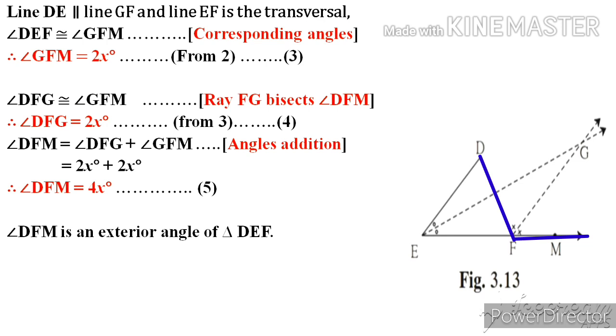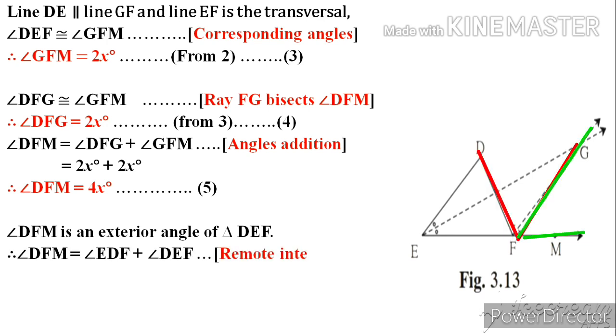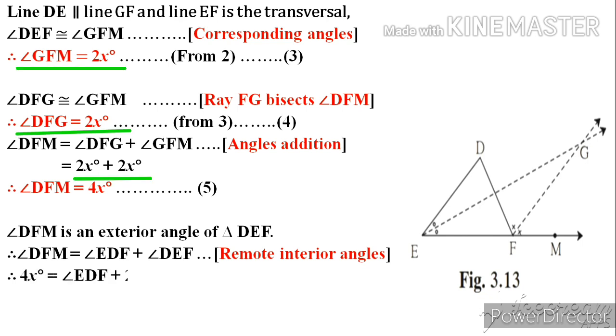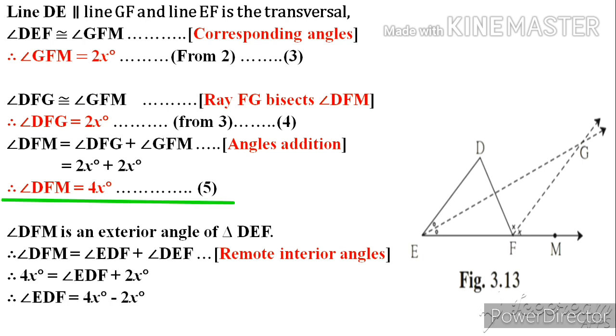Angle DFM equal to angle DFG plus angle GFM, angles addition. So here substitute the value of angle DFG 2x degree, GFM 2x degree. Therefore, angle DFM equal to 4x degree. Of 2x degree plus 2x degree, here we get angle DFM equal to 4x degree, that is the equation number 5.